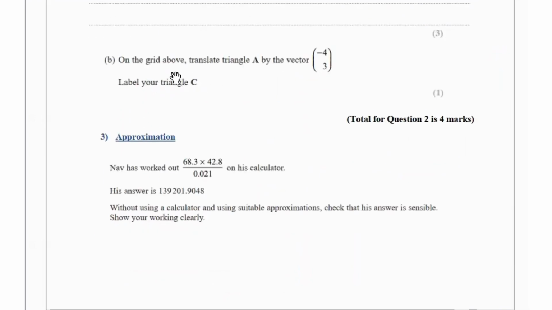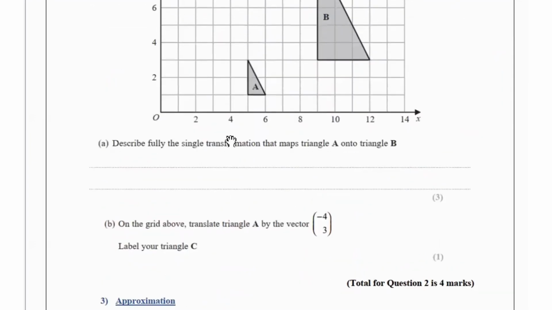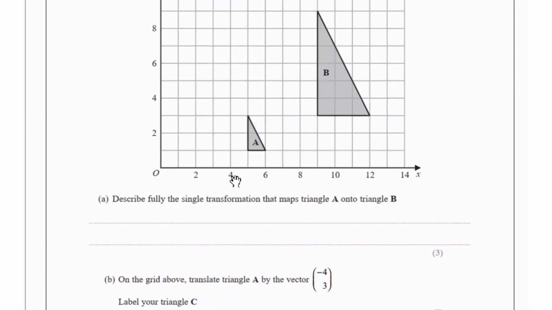Then on the grid above, translate triangle A by the vector -4, 3. Label your triangle C. So they've covered translation as well in the same question. So when it says the vector -4, 3, that means we're moving 4 to the left and 3 up.